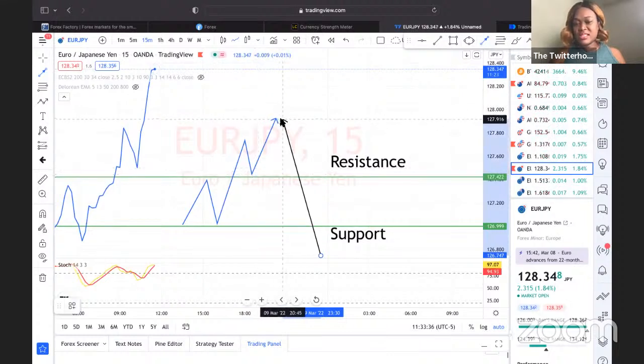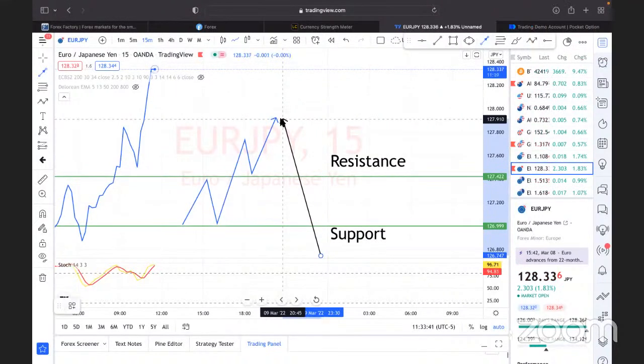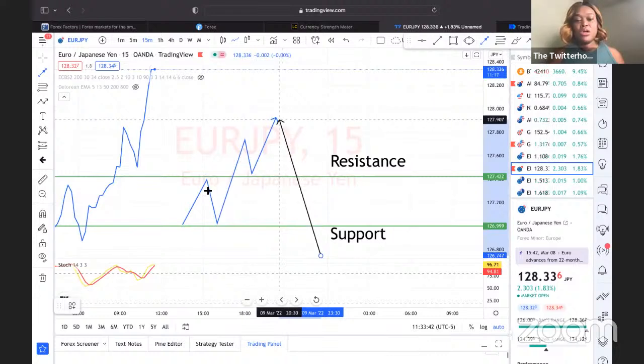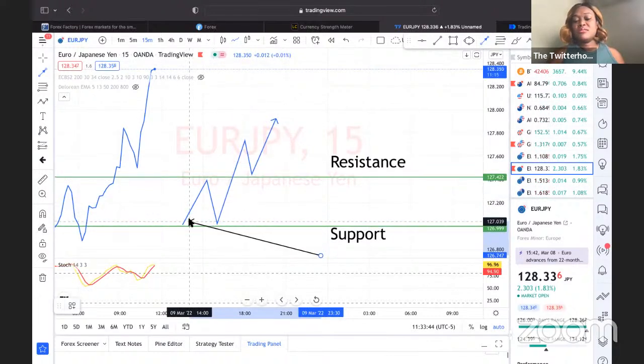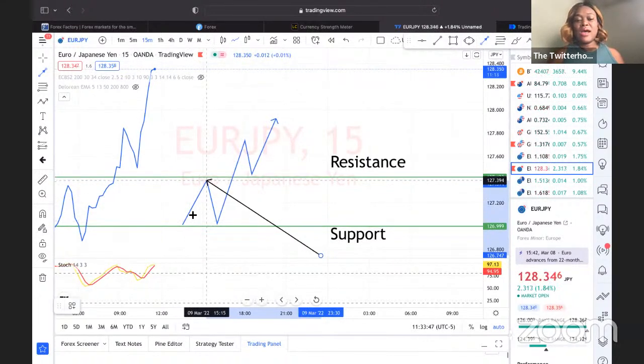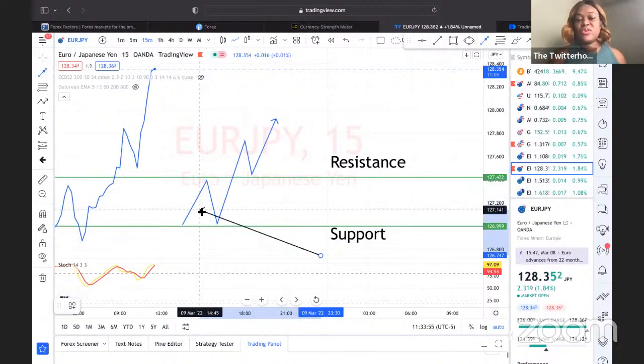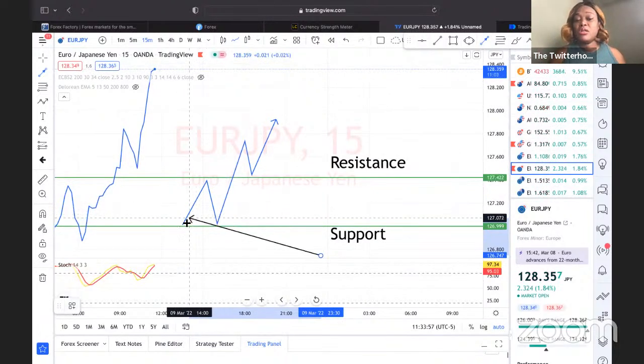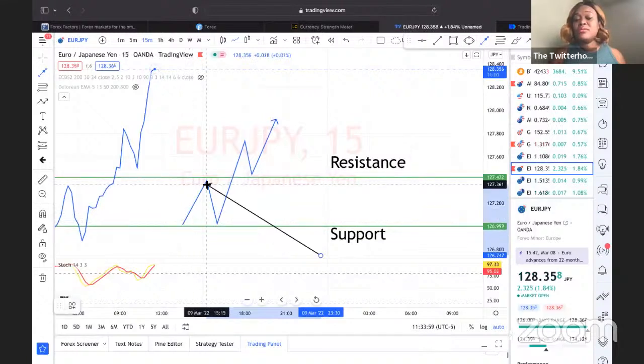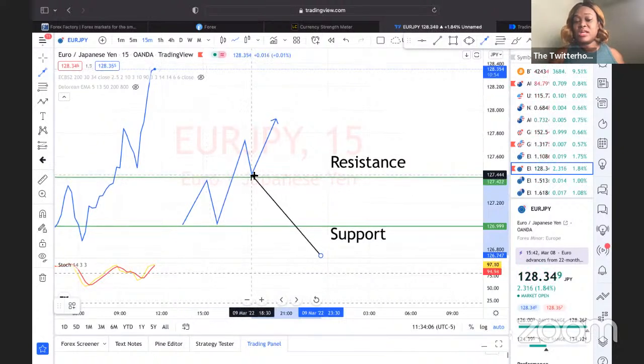Does that make sense? Everybody is following me with that? Yes. Awesome. Right. So you don't want to be like, oh, I have to sell the ceiling, because that's basic. That's what real novices say. Like, okay, yeah, I buy the floor and I sell the ceiling. No, you want to buy the ceiling, because the ceiling is going to become the floor.